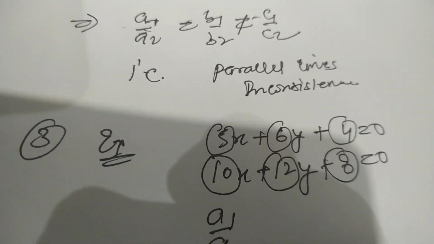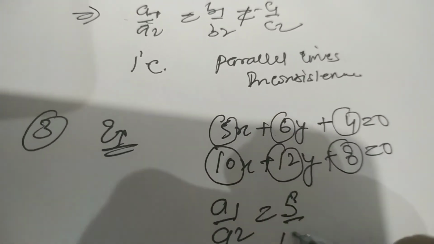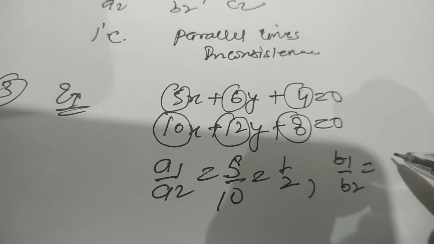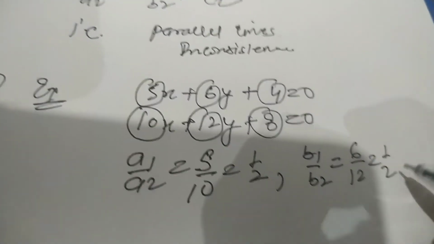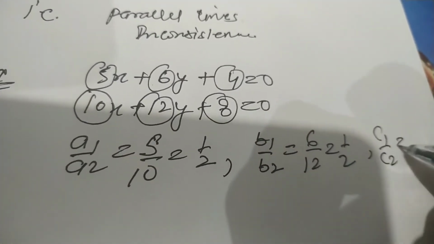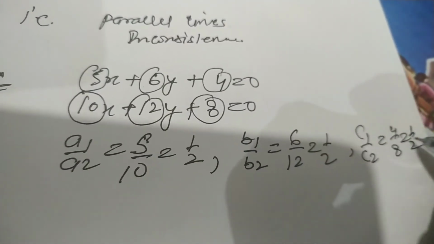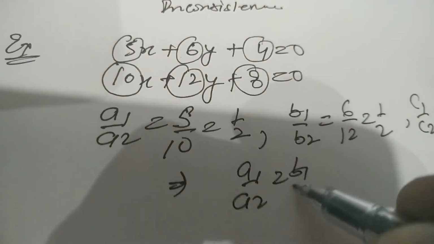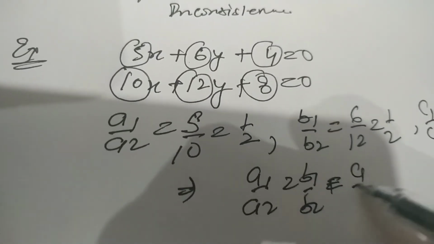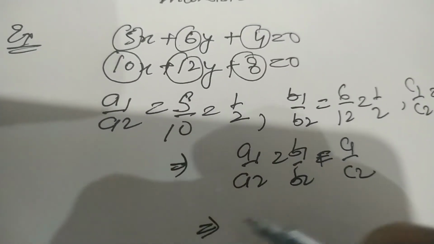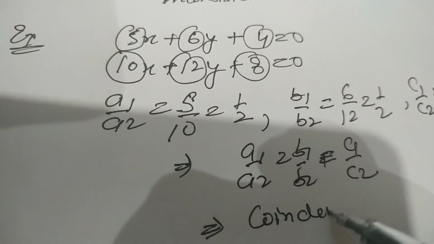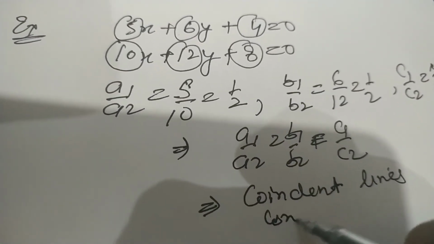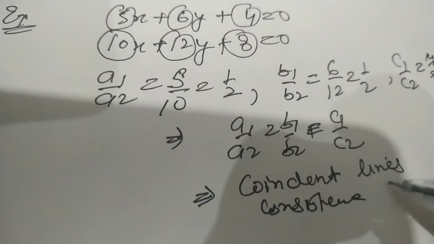Let's check: a1/a2 is equal to 5/10, which is 1/2. b1/b2 is equal to 6/12, which is 1/2, and c1/c2 is equal to 4/8, which is 1/2. This implies that a1/a2 is equal to b1/b2 is equal to c1/c2, so these are coincident lines, which are consistent but dependent.